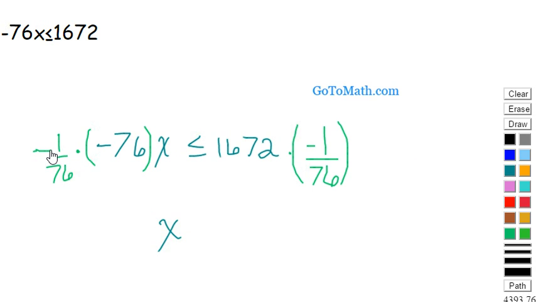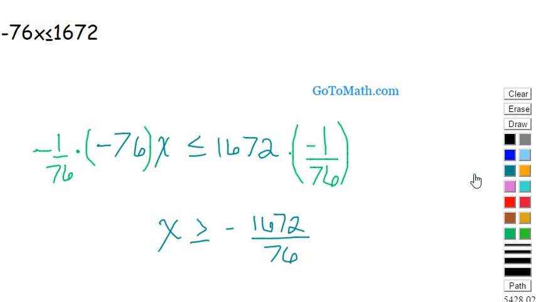But here's the deal. When we multiply through by a negative all the way across both sides, we must flip the inequality to greater than or equal to. You see that? We've got to flip that. And then, of course, we end up with negative 1672 over 76, and we're going to want to simplify that down.